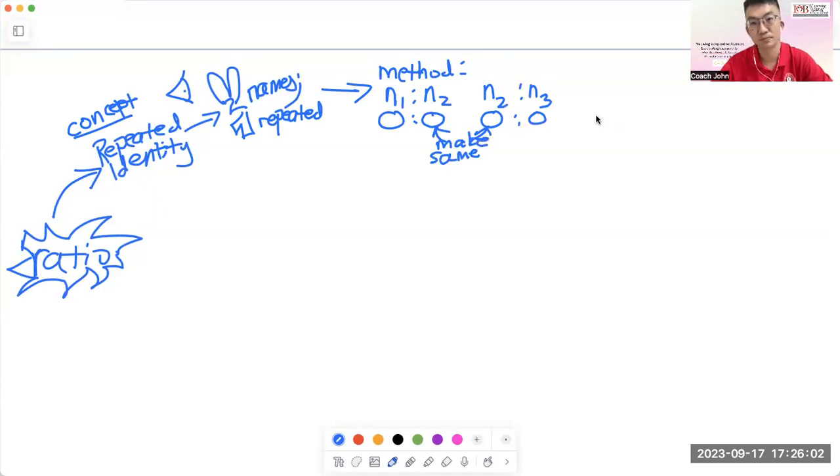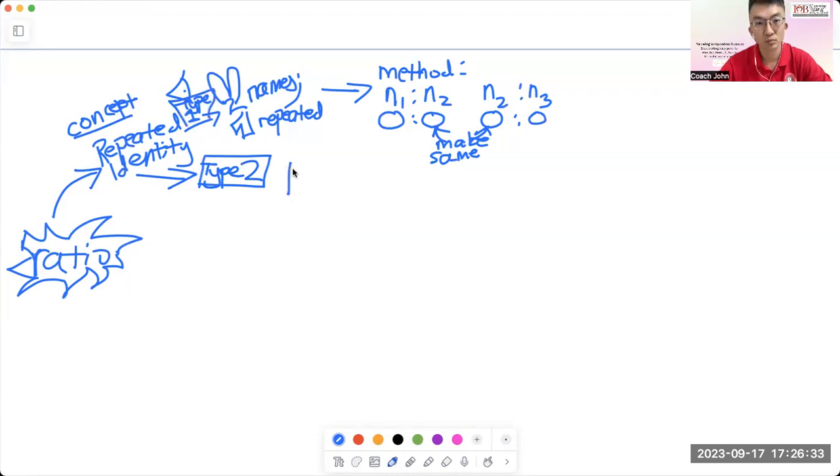And of course, because this is also under repeated identity, there is a type 2 that you learn in P5. Then I will call this type 1.